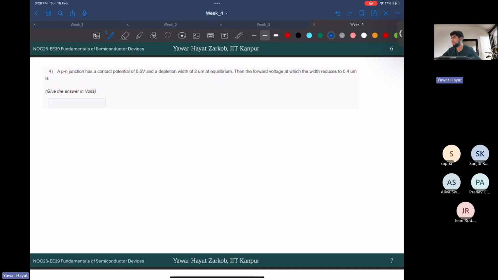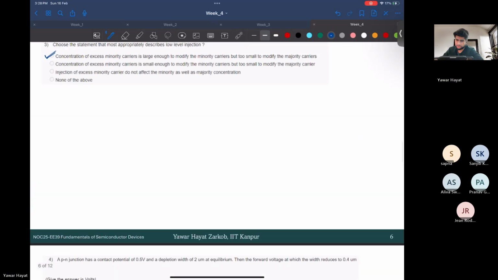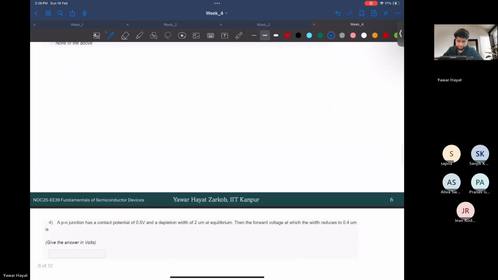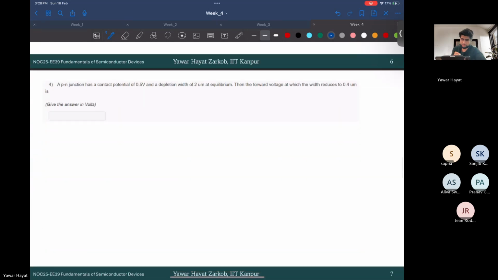What is the formula for the depletion width? Let me write that down.